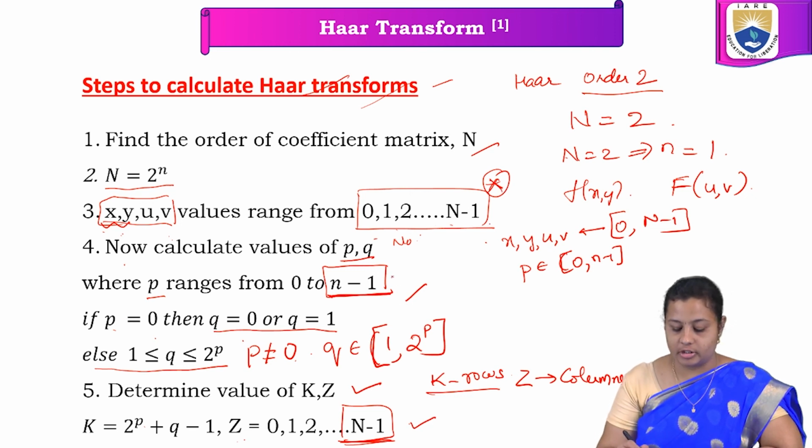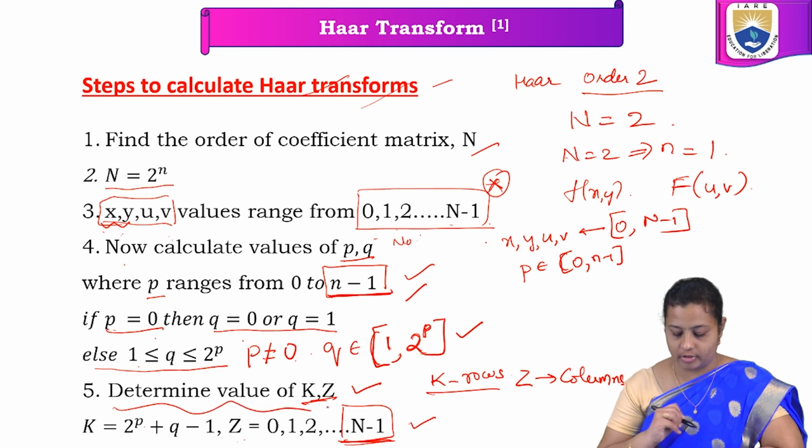P values range from 0 to small n minus 1. When P is equal to 0, Q value is either 0 or 1. If P is not equal to 0, then Q value belongs to 1 to 2 power P. So these range values for Z and K are represented or calculated in the form of this equation.